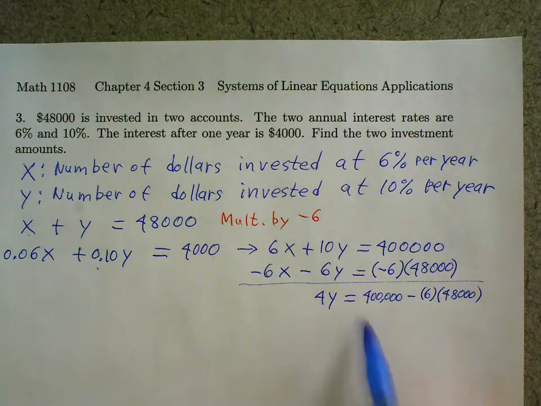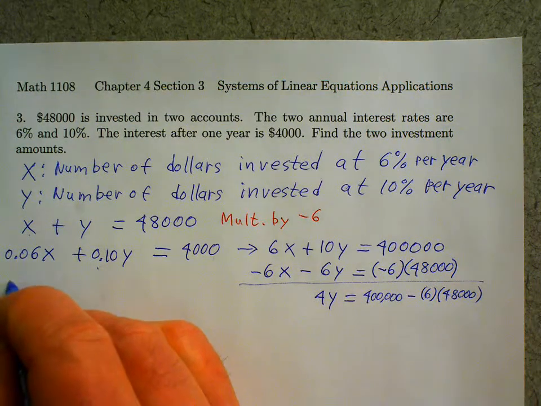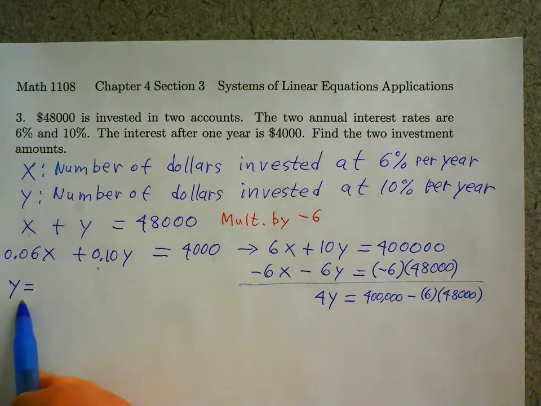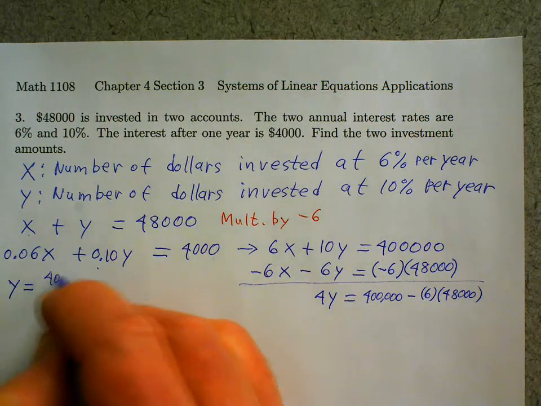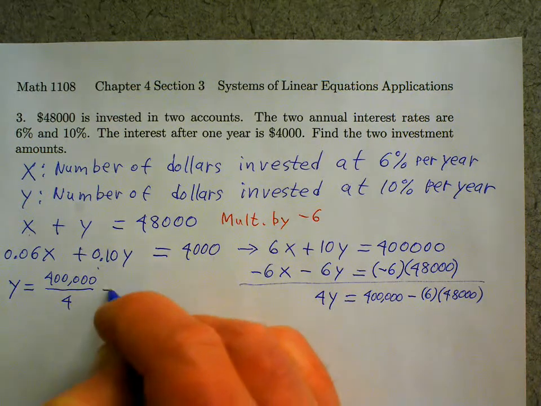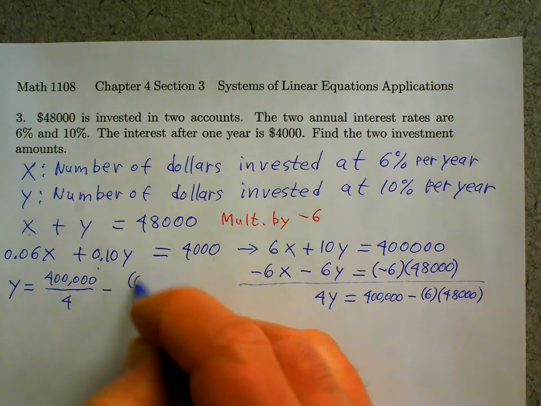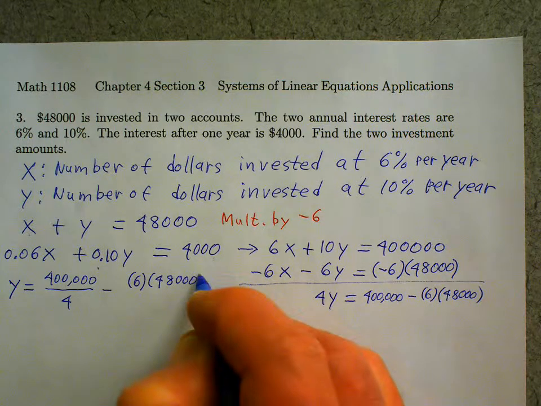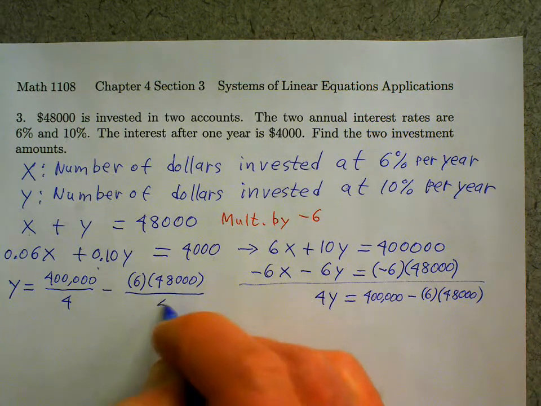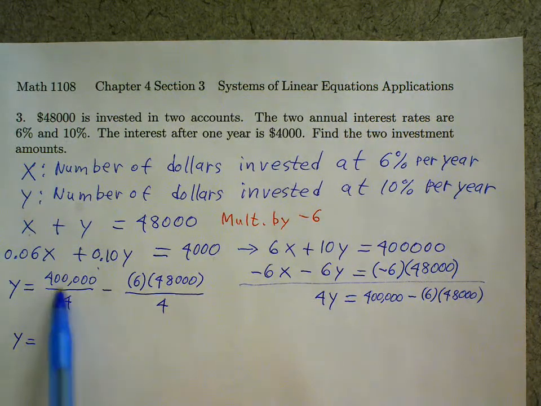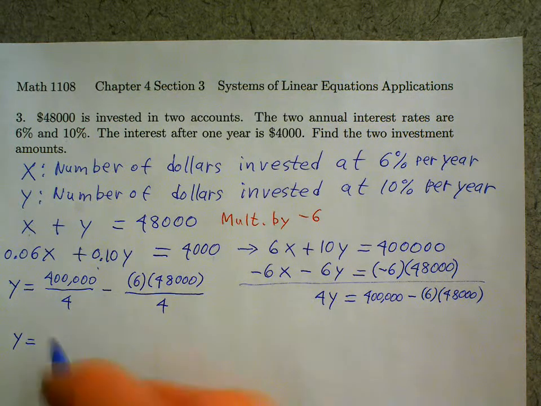Then if we divide every term on both sides by 4, we can write this as y equals 400,000 divided by 4, and then minus 6 times 48,000 divided by 4. 400,000 divided by 4 is 100,000.